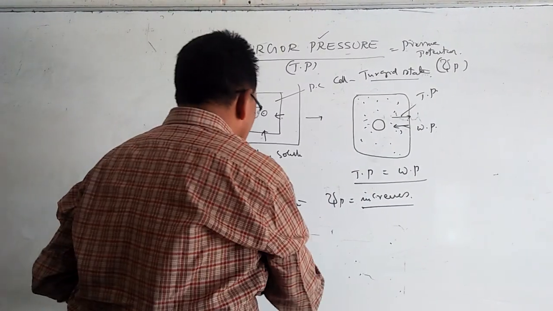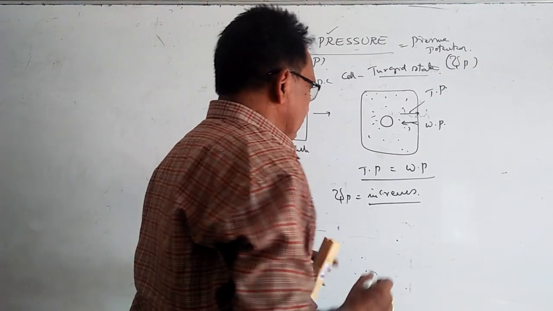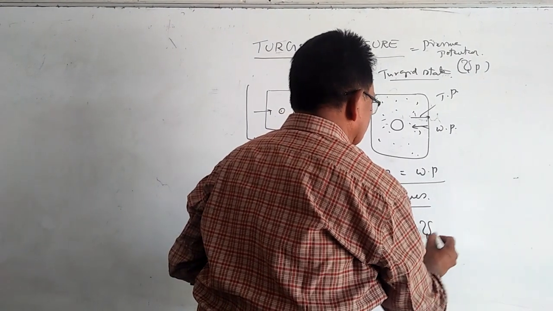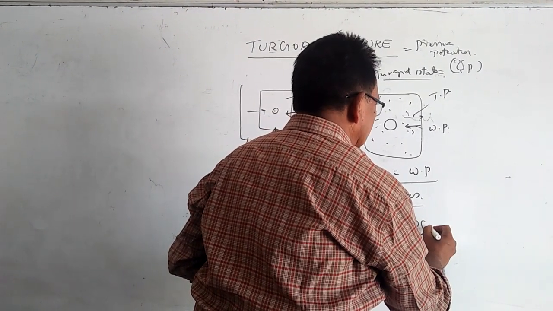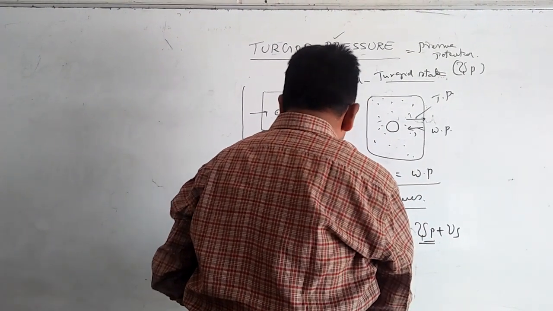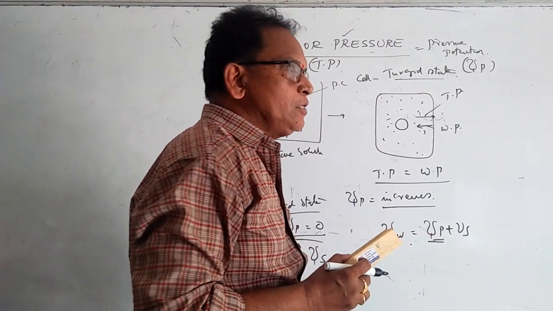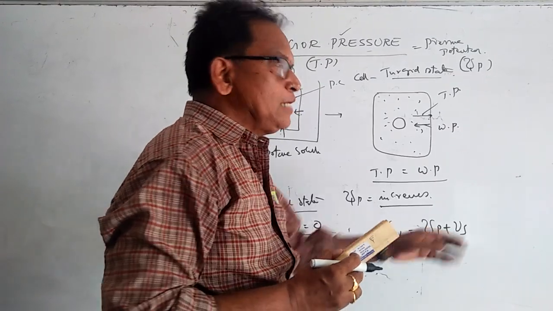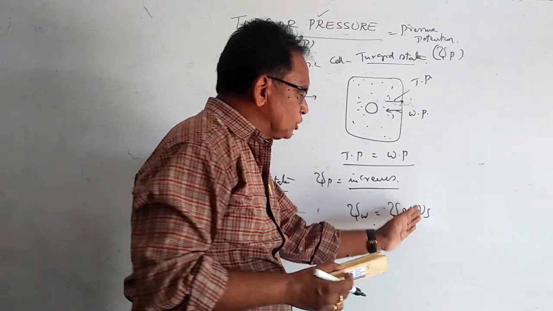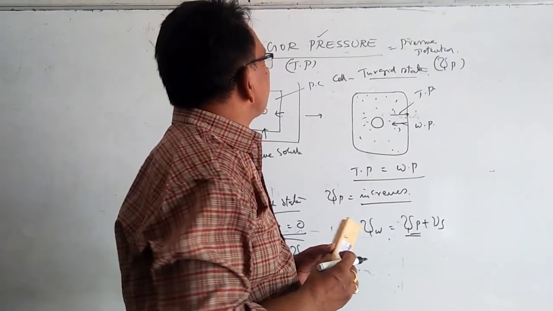In the flaccid state, psi w is equal to psi s, but in a turgid state, psi w equals psi p plus psi s. Initially psi p is 0, but when we place the cell in water, the psi p value increases. So we can calculate the psi w value by adding the pressure potential and the solute potential.